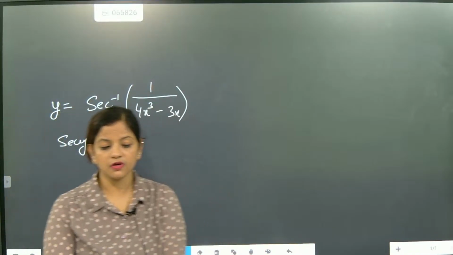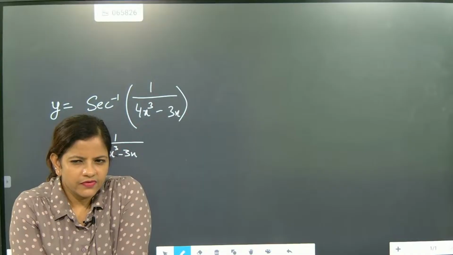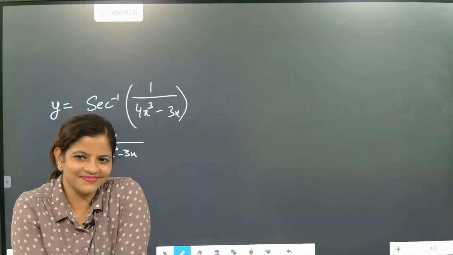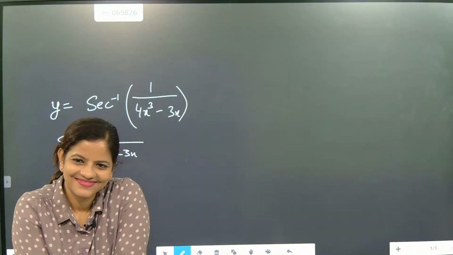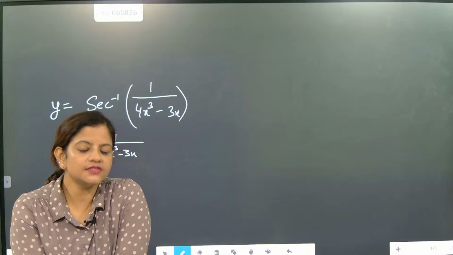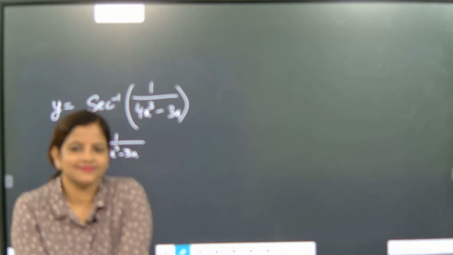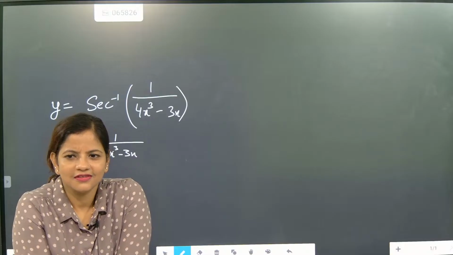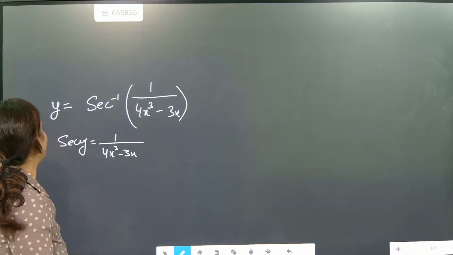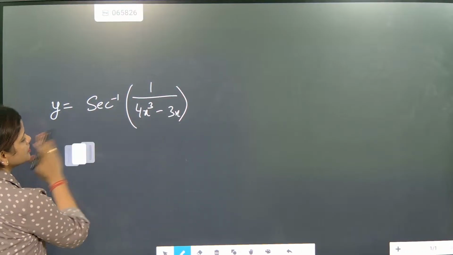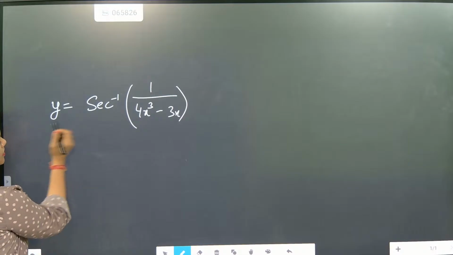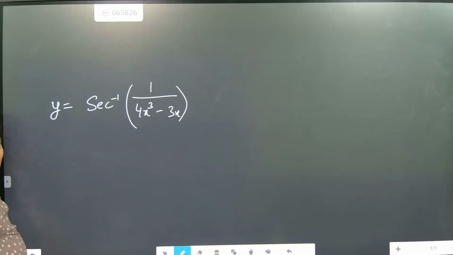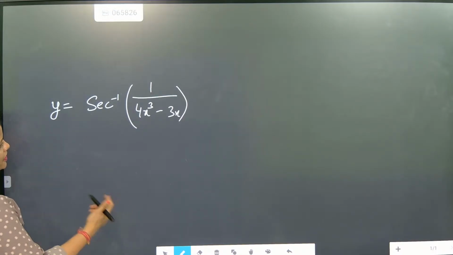Why can't we solve like this? Or can we take x is equal to cos 3 theta? See, the simplest way is when we make things possible for us. Nothing is impossible. Everything is possible if we make it possible.